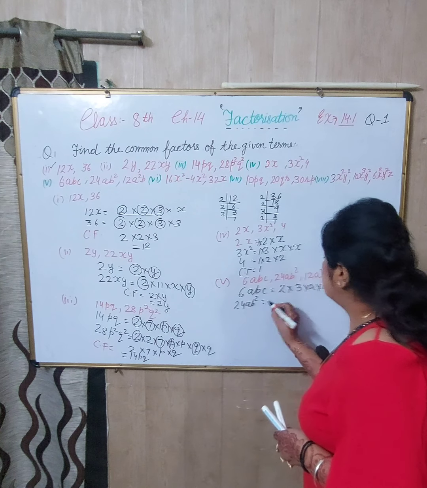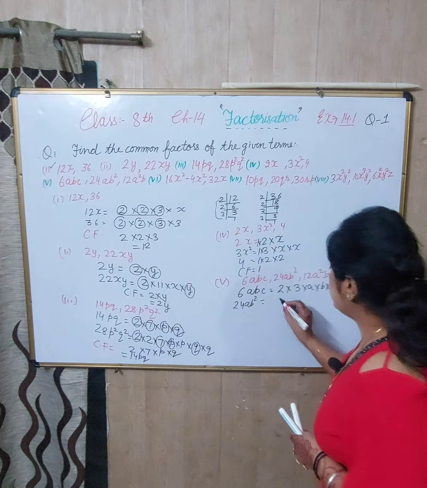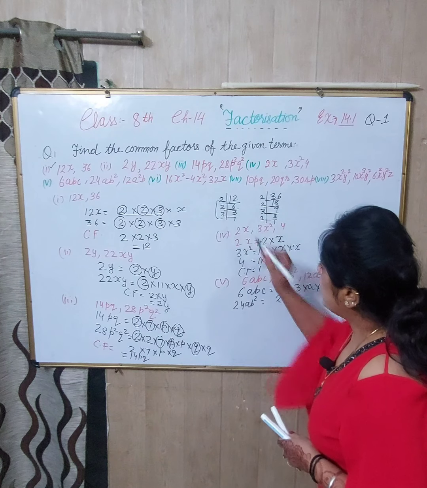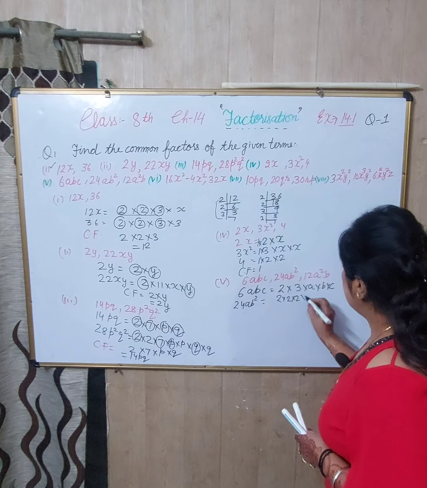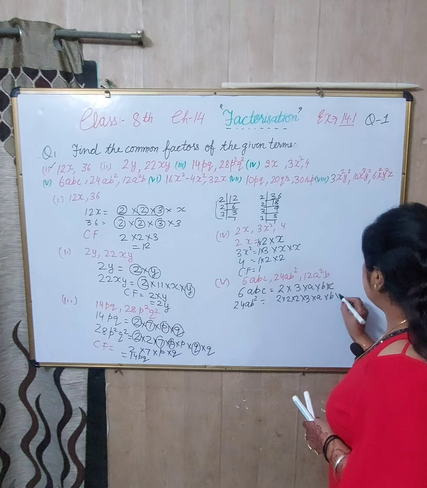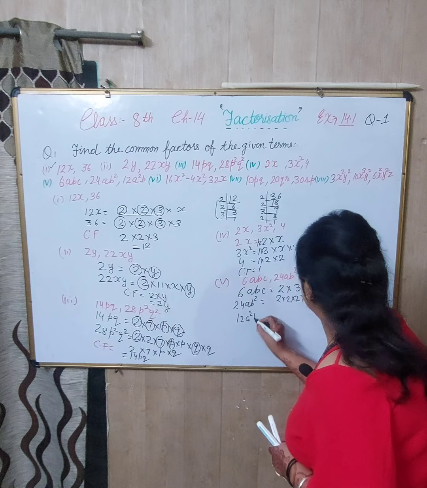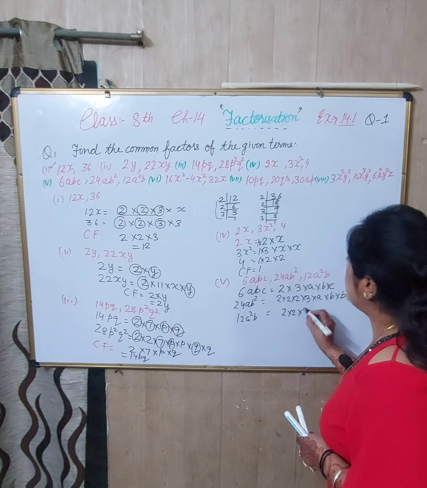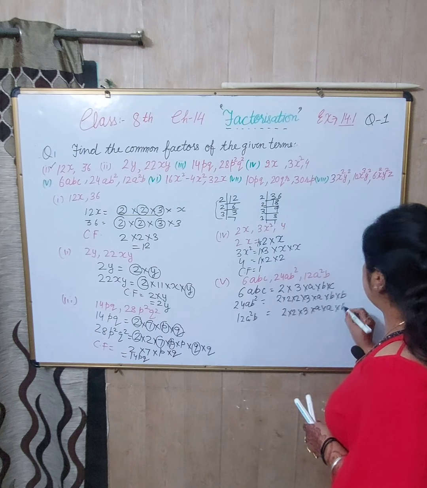For 24ab square, 12 factors are given and multiply with 2, so I will write an extra 2: 2 multiply 2 multiply 2 multiply 3 multiply a multiply b and multiply b. Now 12a square b is 2 multiply 2 multiply 3 multiply a and multiply b.